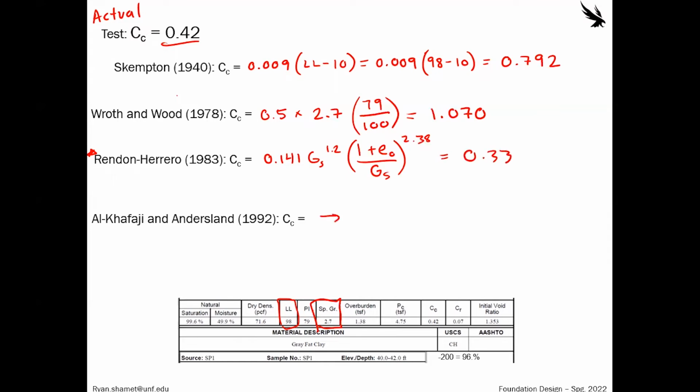This one too, the Alcaya and Anderslin, they produce 4.8. So if you go back to when we started talking about these, some of these correlations are meant for specific types of soil. So if you remember this one and this one, that was for NC clay only.